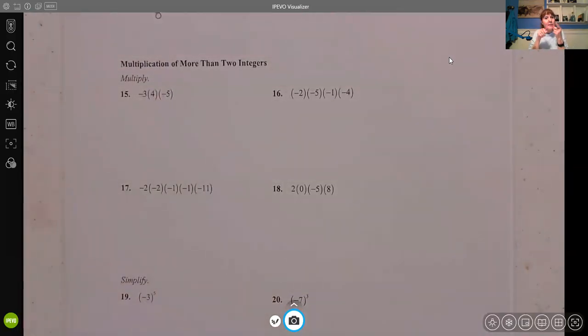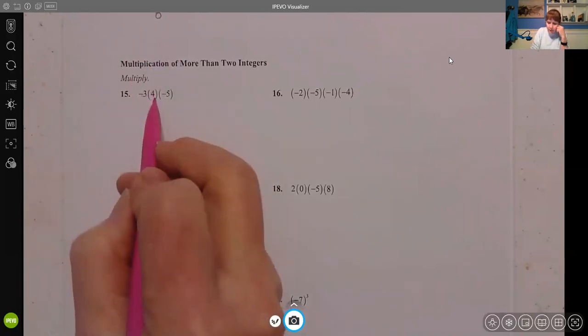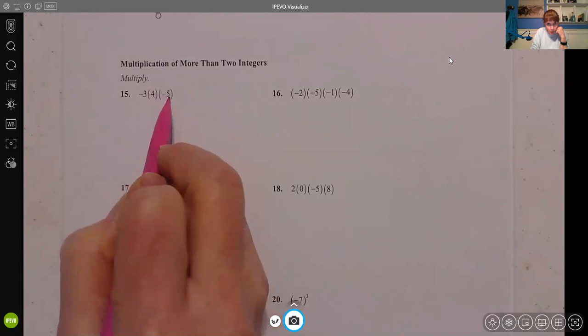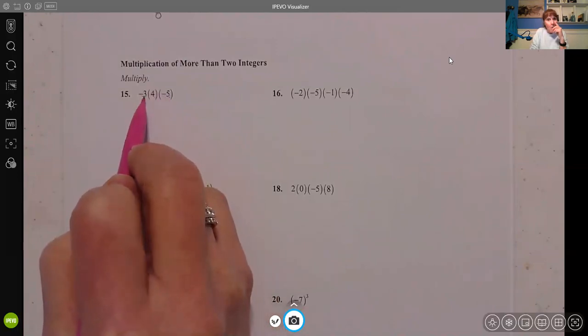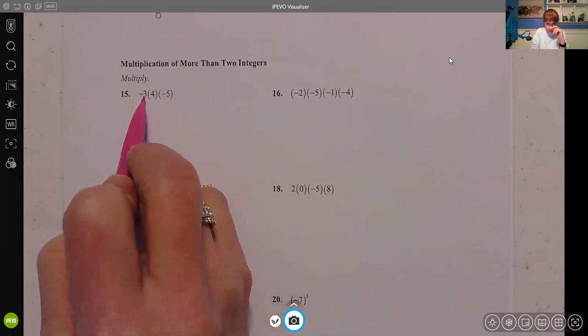You could take 3 times 4 is 12, 12 times 5 is 60. Or you could take 4 times 5 is 20, 20 times 3 is 60. Order doesn't matter in multiplication or addition.